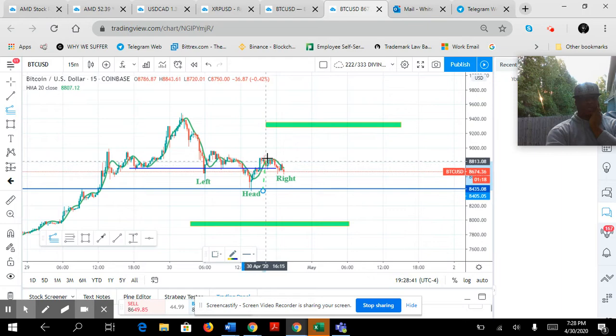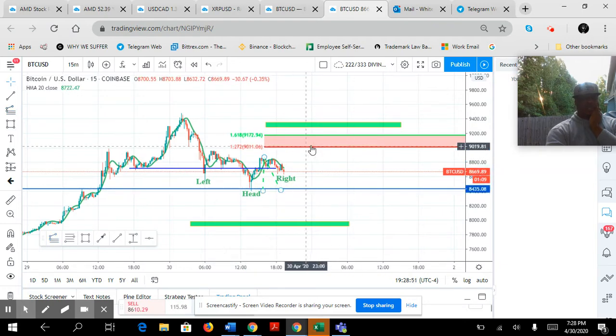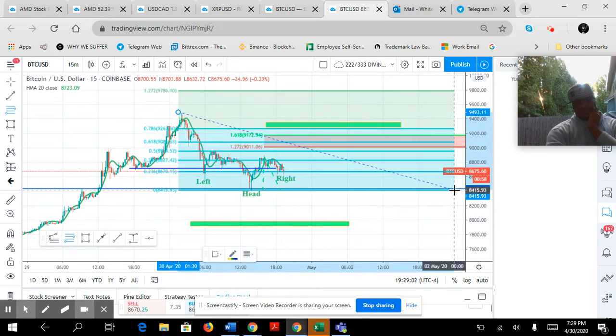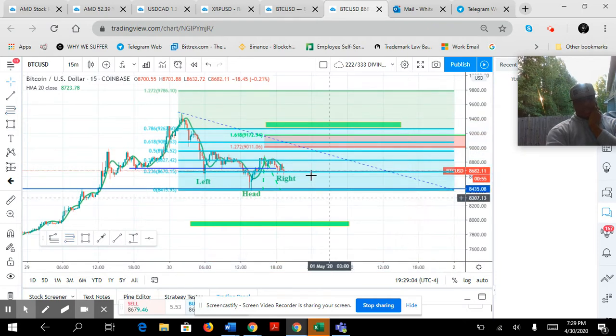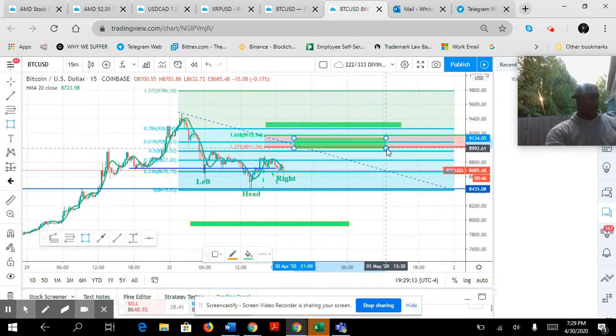Take it from here to where it was rejected, bring it down. We don't have as much confluence, but if we pull up a fib retracement, it's probably going to fall on one of those. And it falls right in between, on the golden ratio, which is 61%. So you can also draw a box right here.